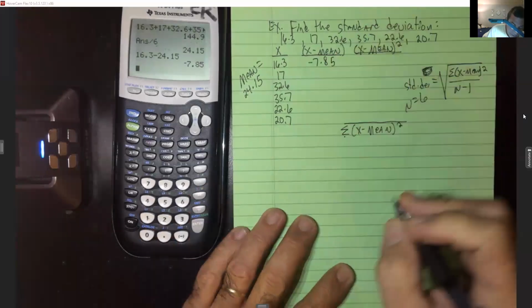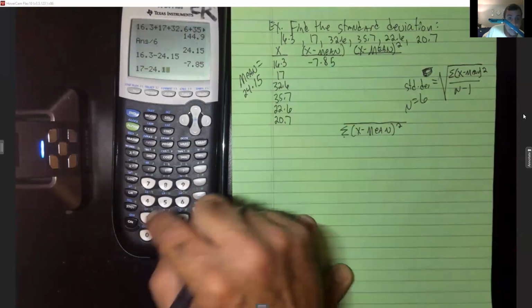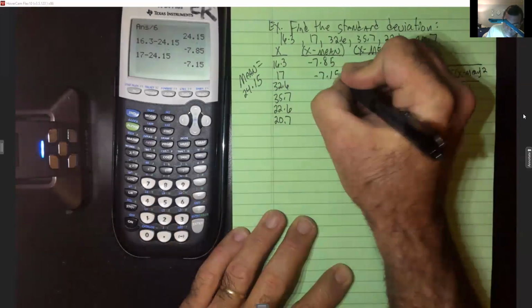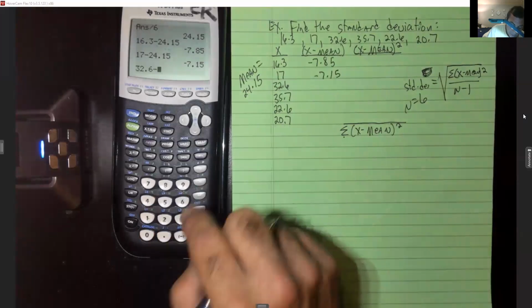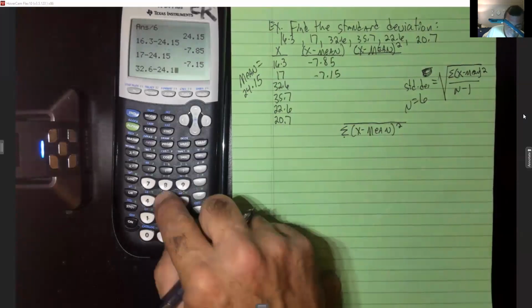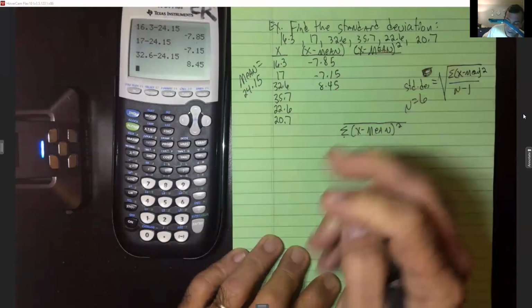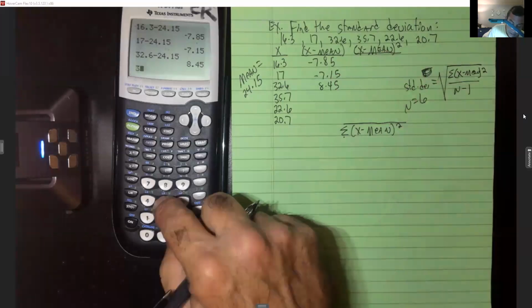And then 17 minus 24.15 is negative 7.15. 32.6 minus 24.15 is 8.45. I should be squaring these, but I'll do that on the next step.